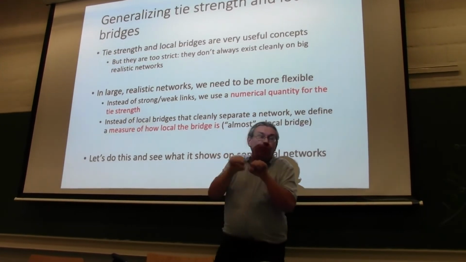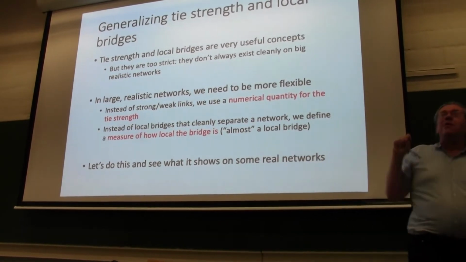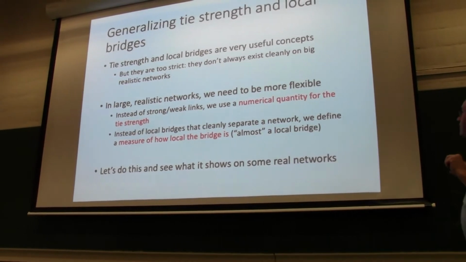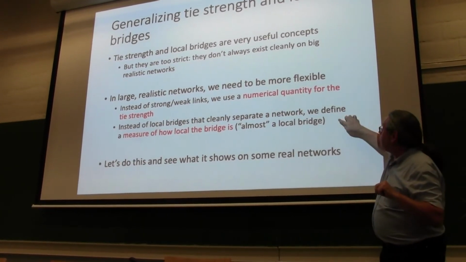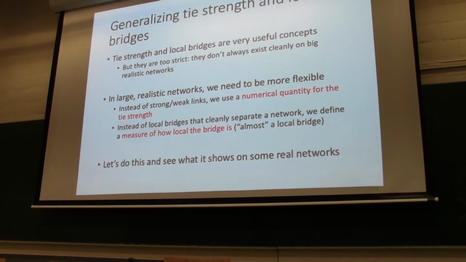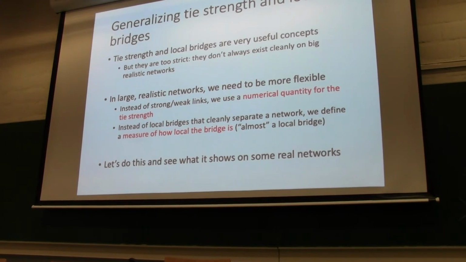It's really a local bridge, or maybe it's almost a local bridge. So we need some kind of number. For both of these, we're going to use numbers. And then I'll show you how people actually measure it for real things, Facebook and Twitter, and what you see.